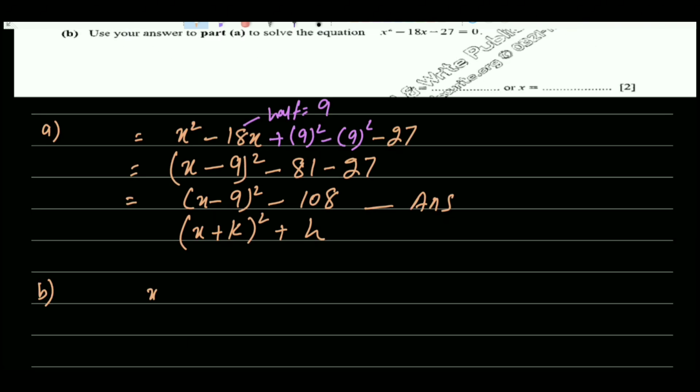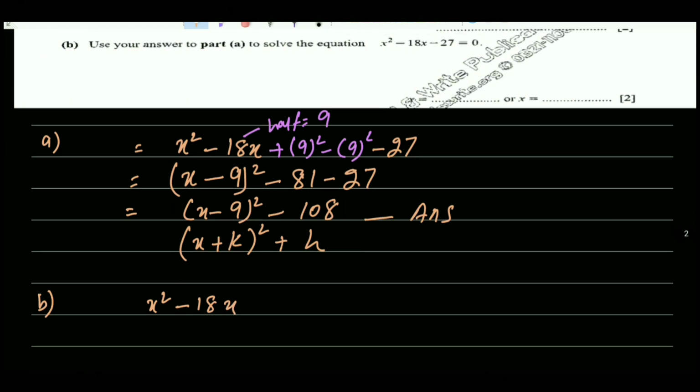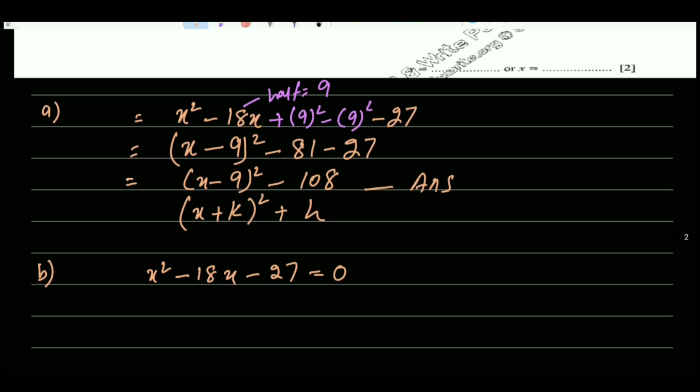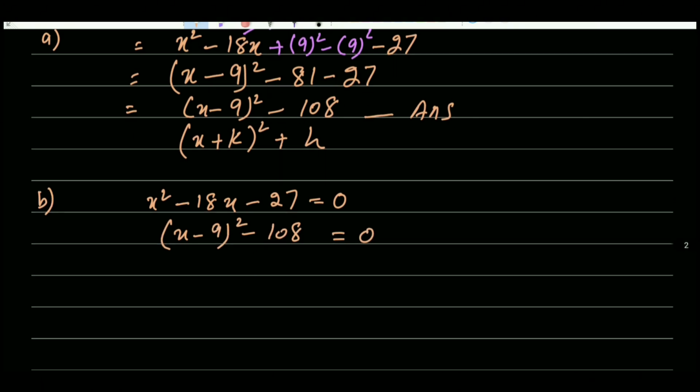So x square minus 18x minus 27 is equal to 0. What is the answer of this expression from part A? That is (x minus 9) whole square minus 108. We will write is equal to 0 as it is.